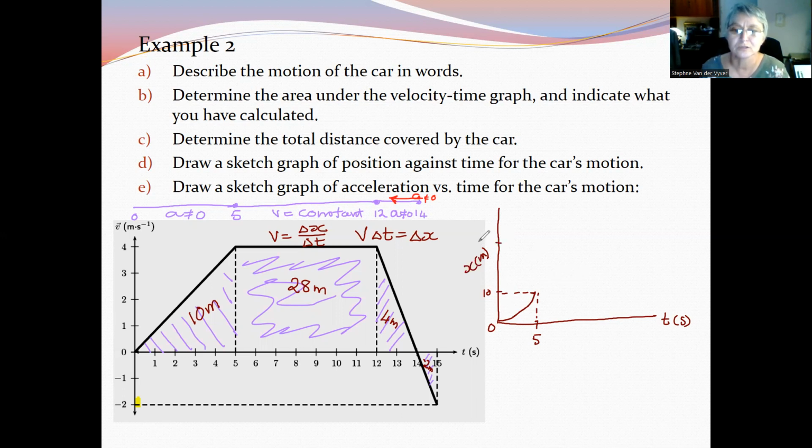That took it to 38 meters from 5 to 12 seconds. The position time graph will be a straight line because the velocity stayed constant. Then for 2 seconds, the car went another 4 meters to 42 meters.